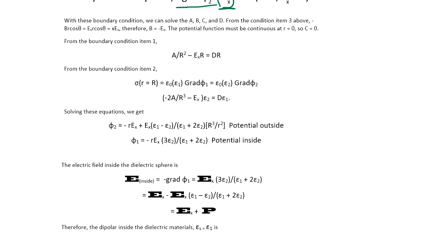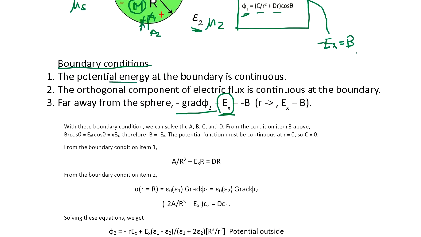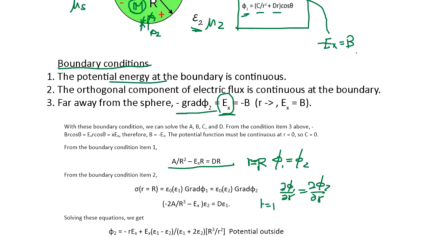So from condition 1, the potential is the same. We set R equals R and phi 1 equals phi 2, and from boundary condition 2, we take a derivative first, and we set this, so we get this.